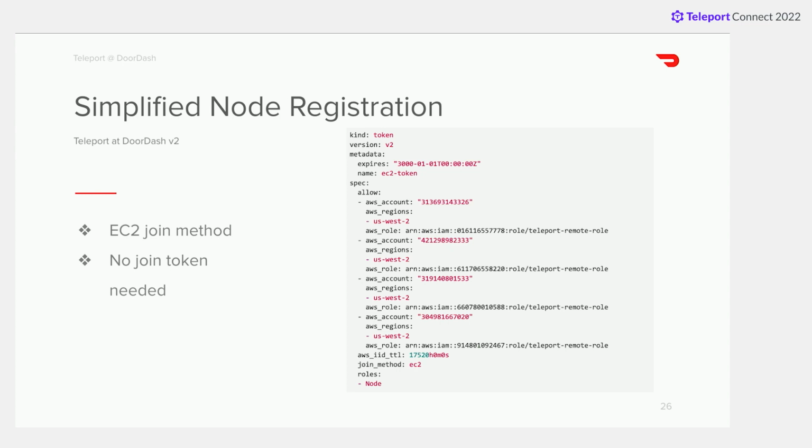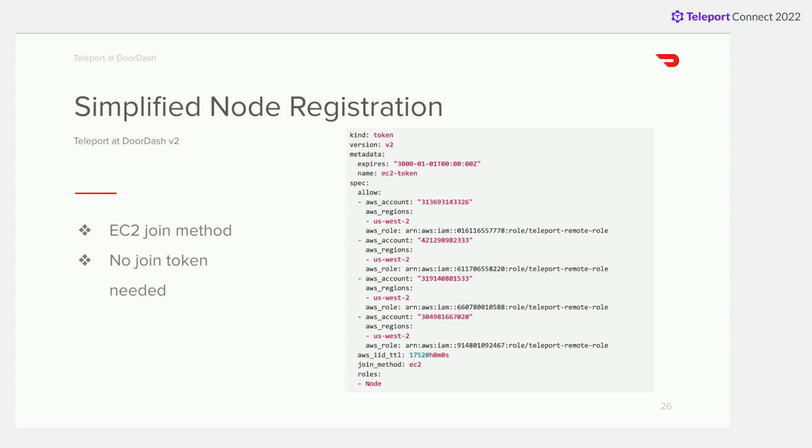This is actually a huge one for us, so simplifying node registration. Previously, as I mentioned, we were using static join tokens to connect our nodes to our root clusters. Teleport supports an EC2 join method, which leverages EC2 instance metadata to connect nodes to the root cluster without needing join tokens. So this improved things in several ways. It made it a lot easier to onboard internal customers to Teleport.